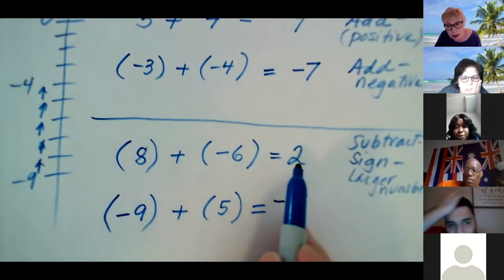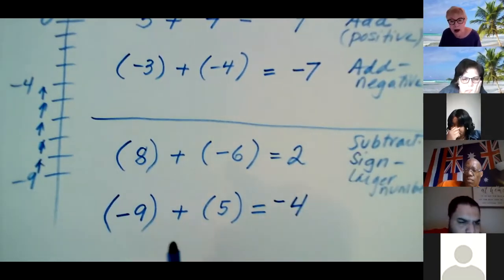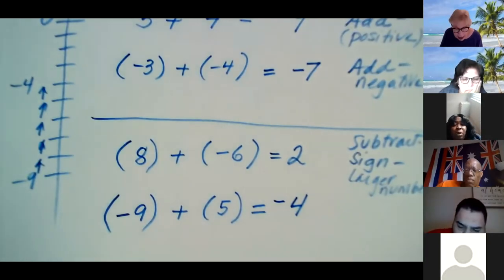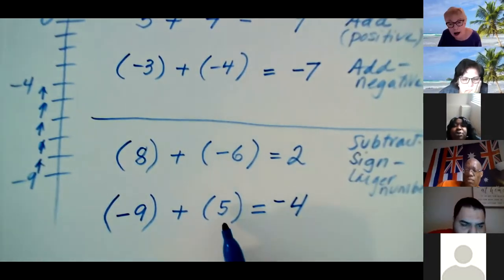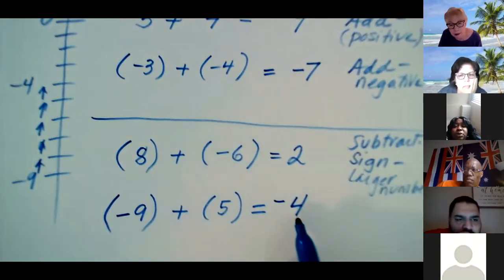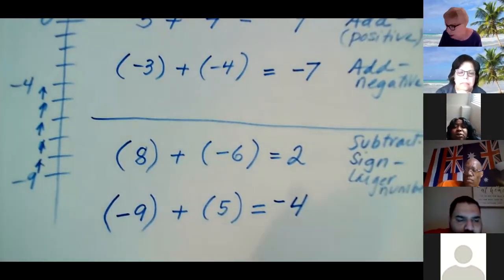Well, the positive wins. On the other hand, if I had 9 people on the negative side and 5, do you see how the 9 is pulling it more? Can you see the tug of war? The negative wins with that example.